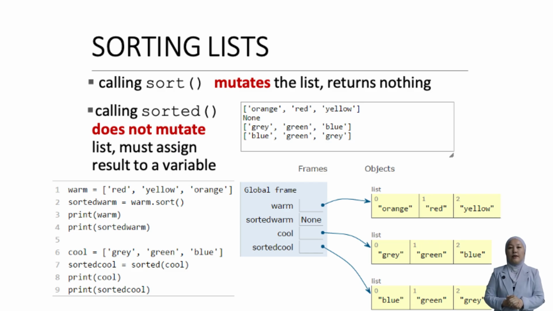So sorted_cool = sorted(cool) correctly stores the sorted version. Afterward, cool remains unchanged. The rule: methods that mutate an object, like append, sort, extend, typically return None. Functions that return a new object, like sorted and len, leave the original untouched. Keep this distinction at the forefront of your mind.